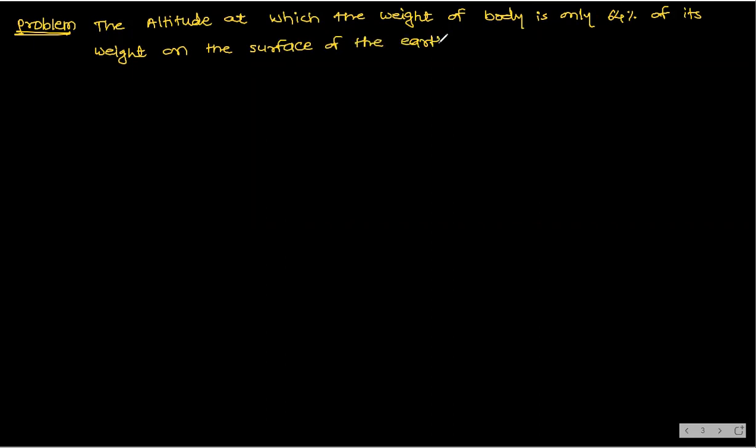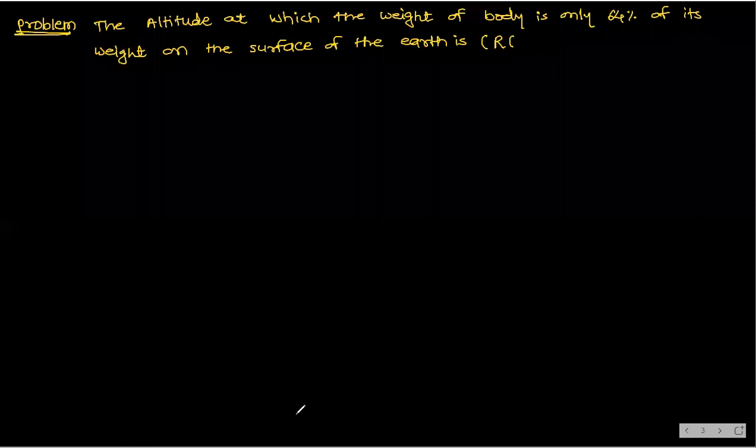R is equal to, how much is the radius of earth? 6,400 kilometers. Yes, very good.